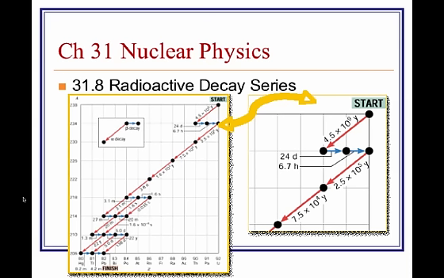Now, on a decay series graph like this, you have two different things. You have alpha decay. Alpha decay is when it's moving down and to the left, because it's ejecting an alpha particle, 2 protons and 2 neutrons, so it's moving 2 spots to the left.